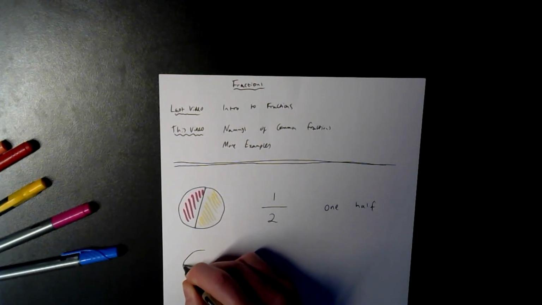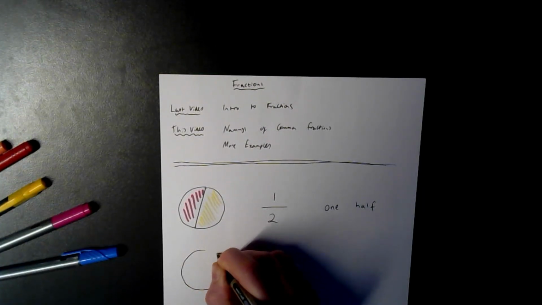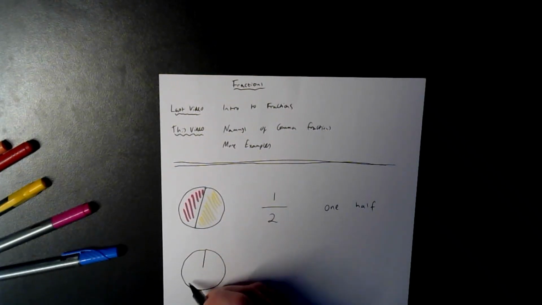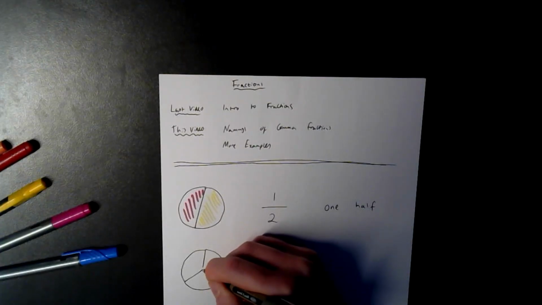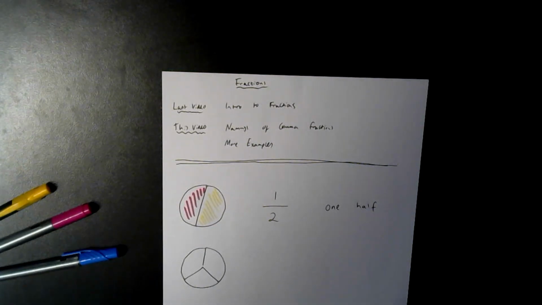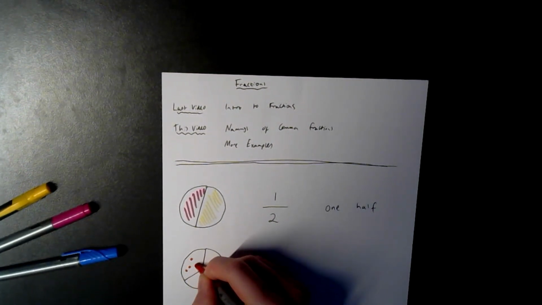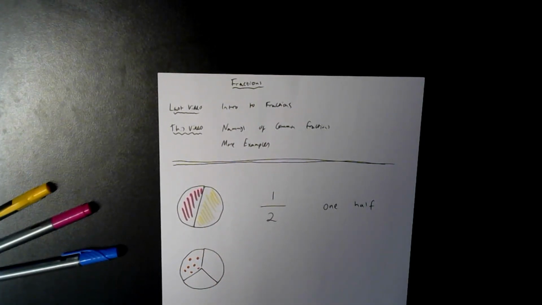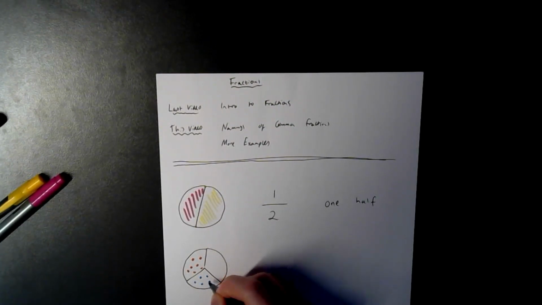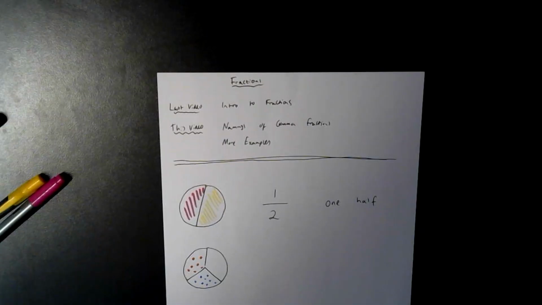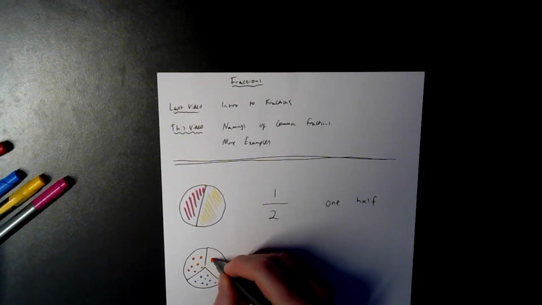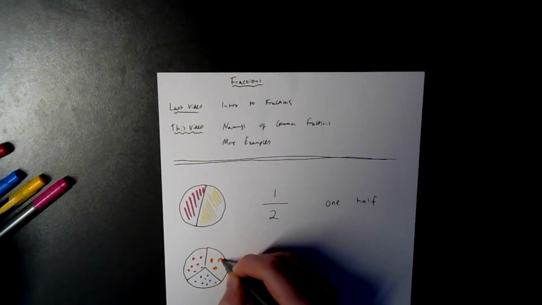A little bit more complicated, slightly upping the level: what if we had a fruit salad, which was made up of strawberries, which I'm signifying in red, my wonderfully drawn strawberries, some blueberries, and some orange bits here.